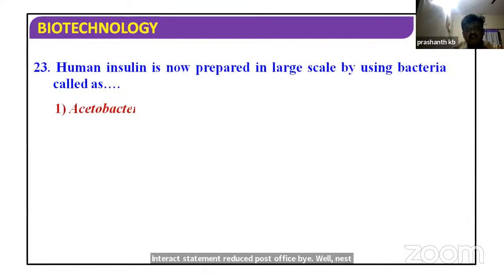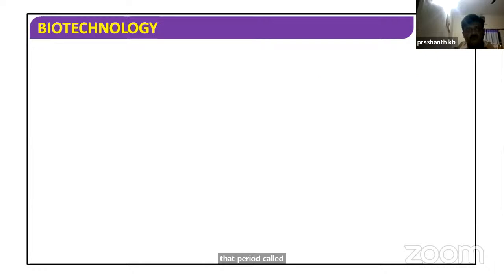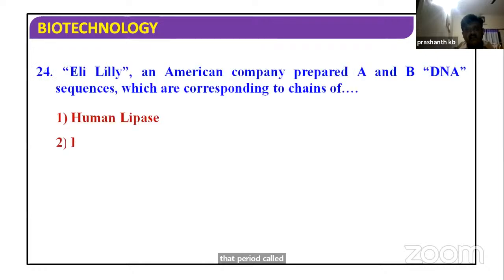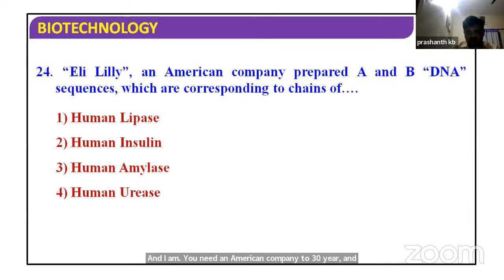Human insulin is now prepared on a large scale by using bacteria called E. coli. Eli Lilly worked on E. coli, Escherichia coli. Eli Lilly, an American company, prepared A and B DNA sequences which correspond to the chains of human insulin. Option 2.